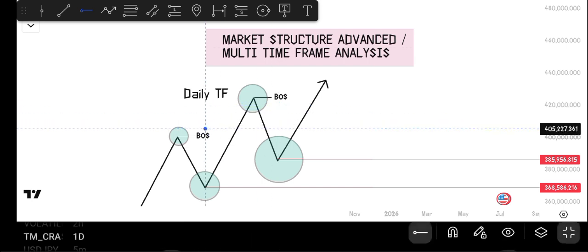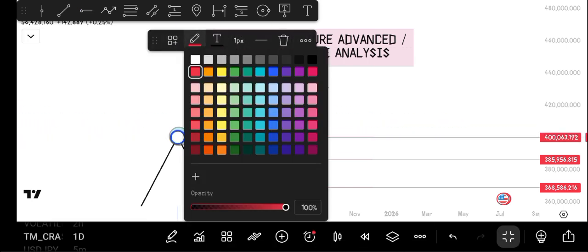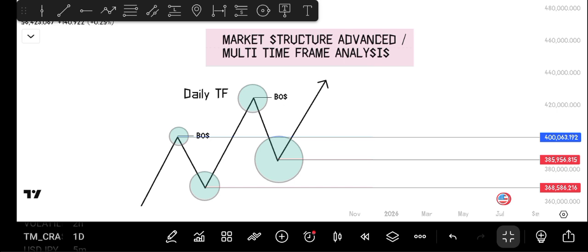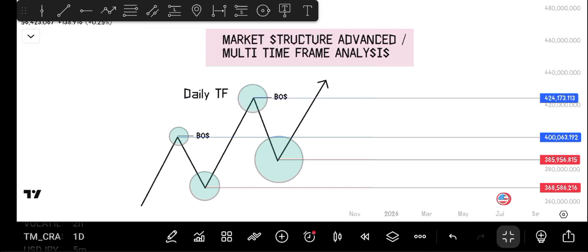Let me mark, we have the high right here. I'll mark it with blue, so we have the highs and we also have the high right here. So we have the two lows and we have the high. So this is on the daily time frame. It is very easy to spot.